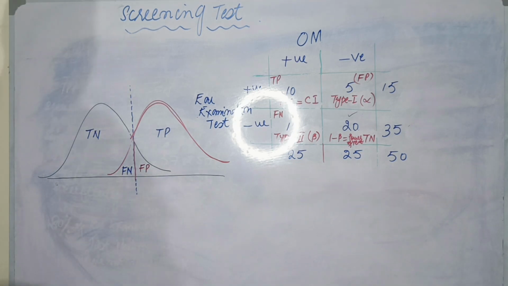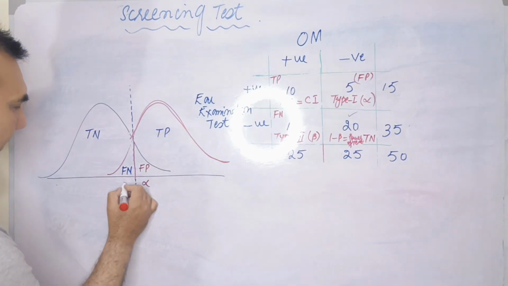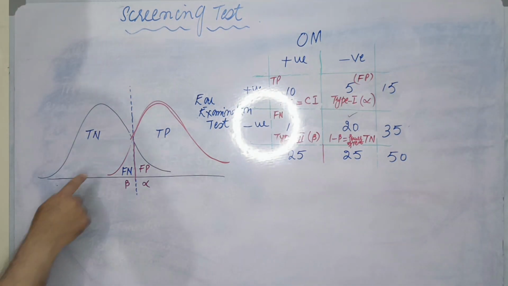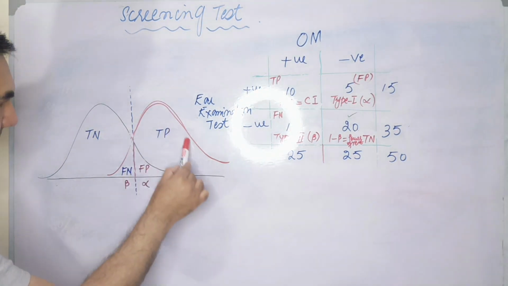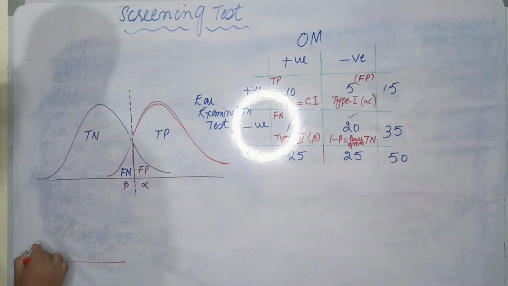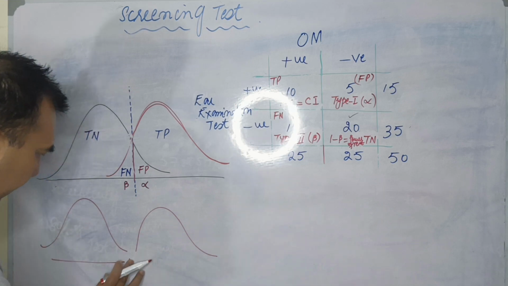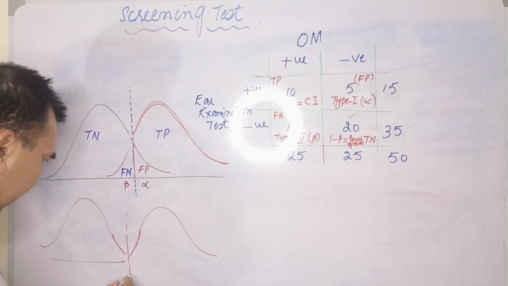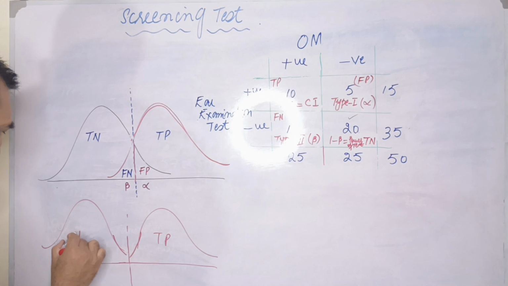So this false positive is called the alpha and this false negative is called the beta. Now see here, these are the total test positive results. Okay, if I draw another diagram like here, and this is the cutoff value. This is the true positive and this is the true negative.